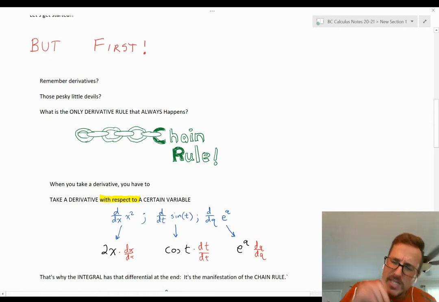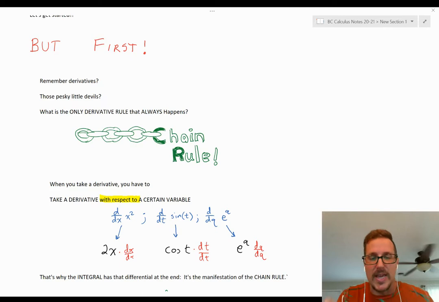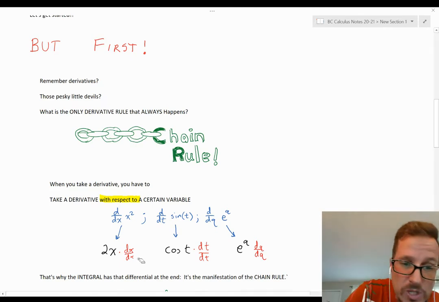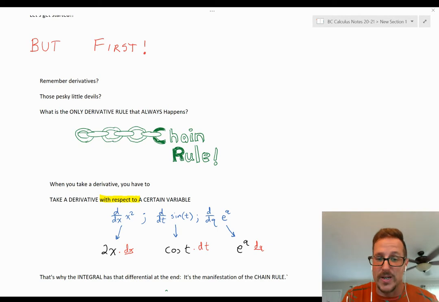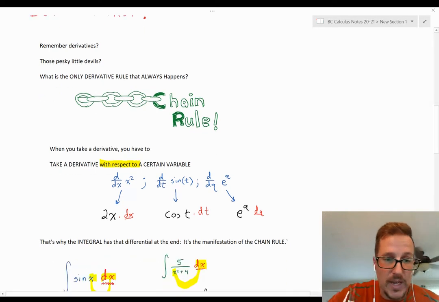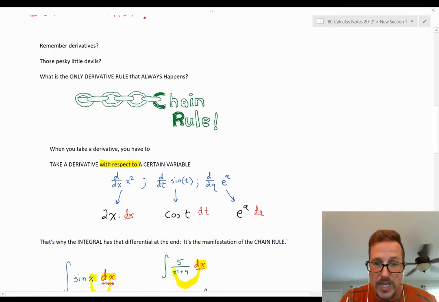But a different way to write it, other than dx/dx or dt/dt or dq/dq, would just be to write it as dx, dt, or dq. This representation of the derivative of x, the derivative of t, the derivative of q. And what you might notice there is that is the notation that we see with integrals, right? That's why the integral has that little differential piece at the end.